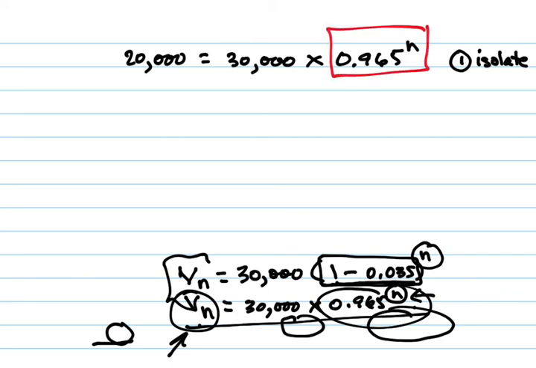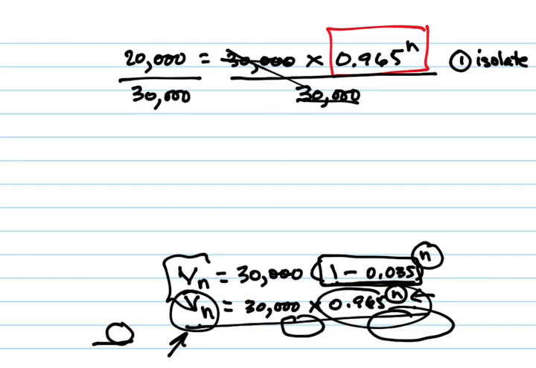And to do that, just like with any other algebraic equation, what we're going to do is do the opposite. And since they're connected with multiplication, we'll take them apart by dividing. So what we'll do is divide both sides by 30,000. Now on this side, the 30,000s will simply divide away. On this side, we can go ahead and do that math.